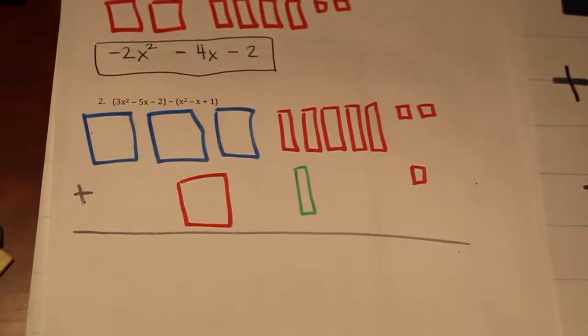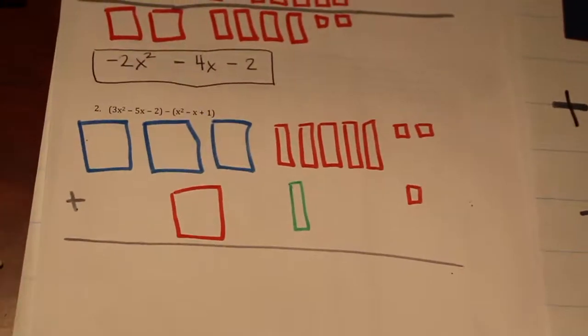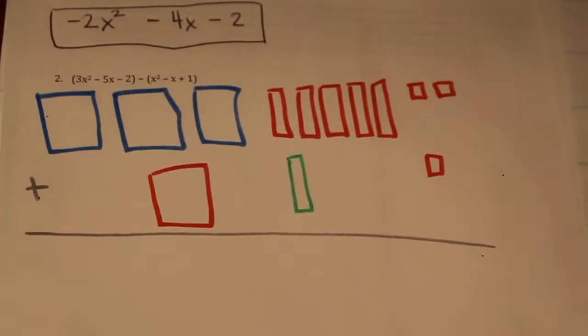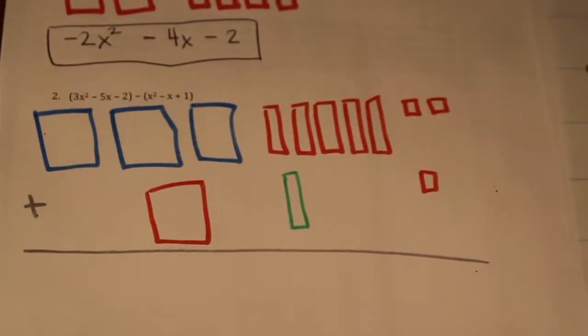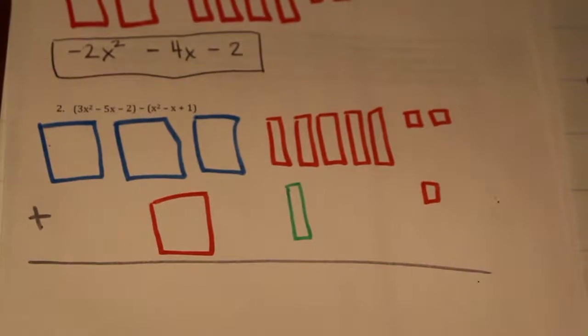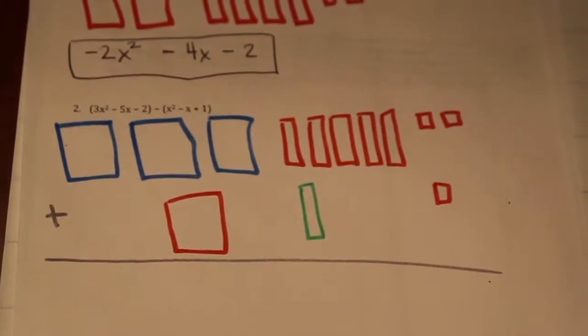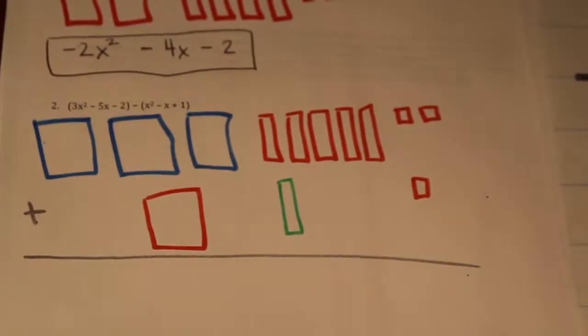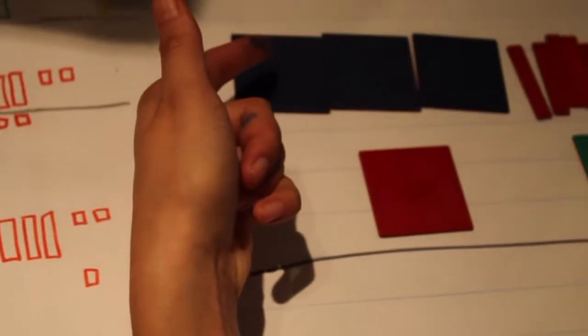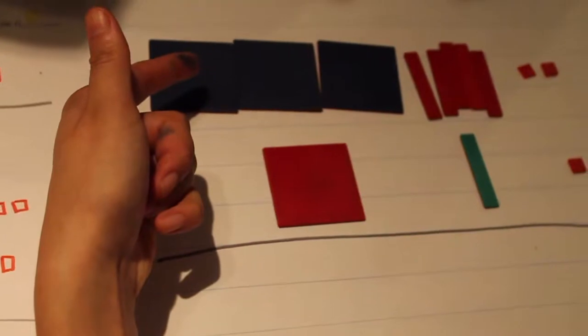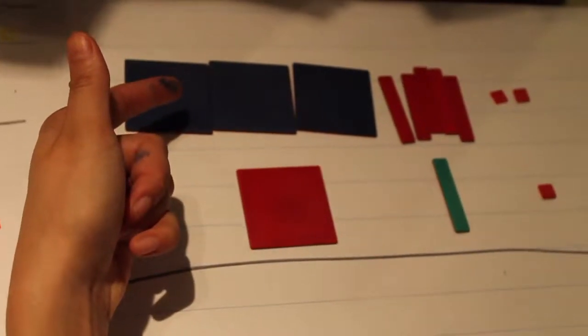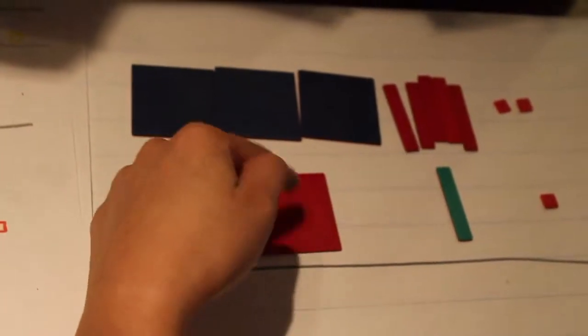So now we want to look for the zero pairs. Remember, a zero pair is when they are like terms but opposite colors. So we look for, are there any zero pairs in the big squares?